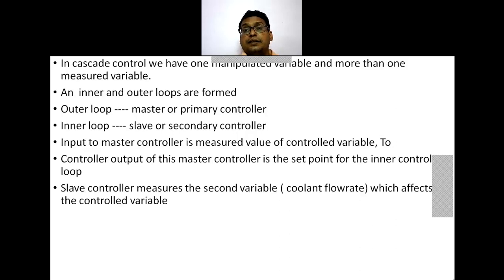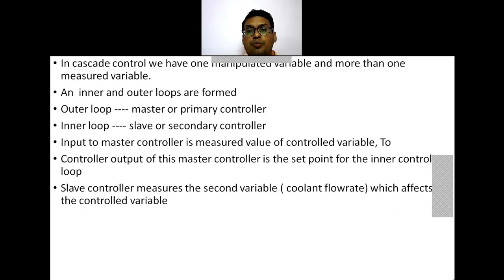In this case, there is one manipulated variable and more than one measured variable. The manipulated variable is only one, however there is more than one measured variable. And inner and outer loops are provided in this case. The outer loop is called a master or primary controller and the inner loop is called a slave or secondary controller.